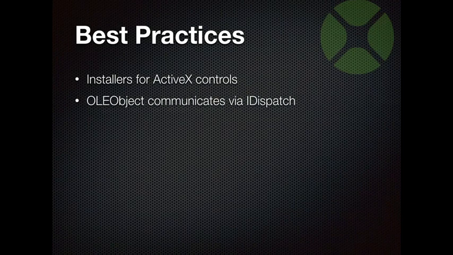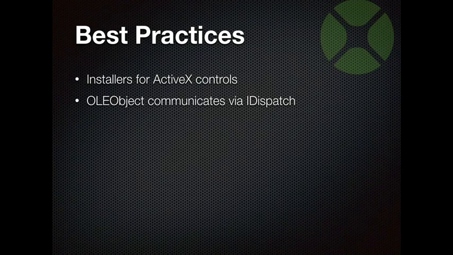Again, if you're familiar with COM, it has two modes. You've got the vtable, direct function pointer access, and then they also have this interface called IDispatch, which is used by a lot of scripting languages.